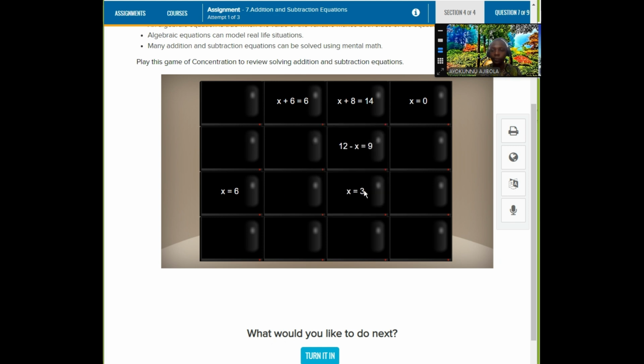So this matches. So Miggy, let me know if you can hear me. Then the next one says x equal to 4. Then it must match this one, x equal to 4. Okay. Yeah. Can you hear me now?